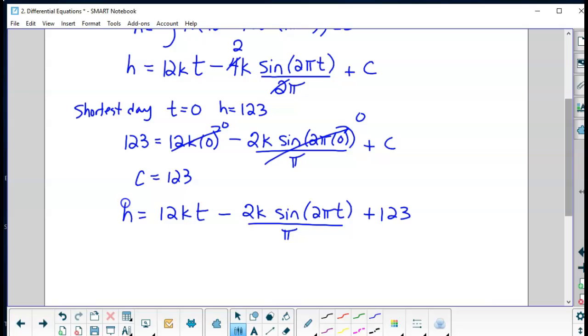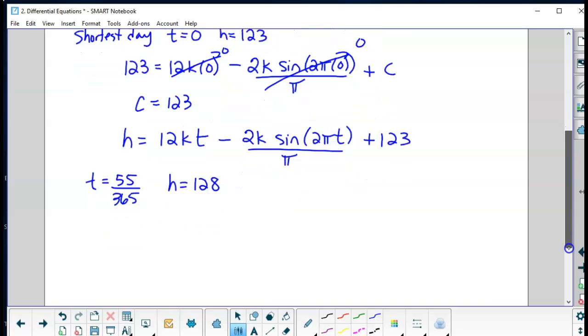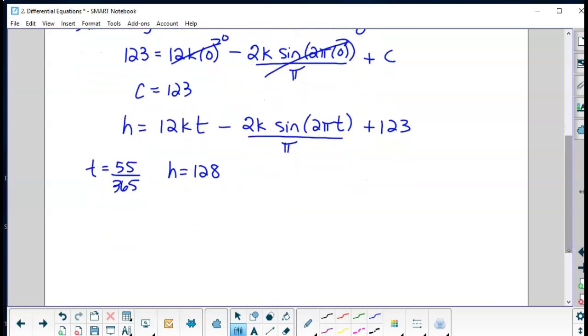Now, we don't know what k is, but we are given another condition. So we're told 55 days later, the height is 128. So time is 55 days, but realize that time, t, is represented in years. So we actually have to show it as 55 over 365, and the height is 128. So now we'll substitute those in to get what our k value, or proportionality constant, is.